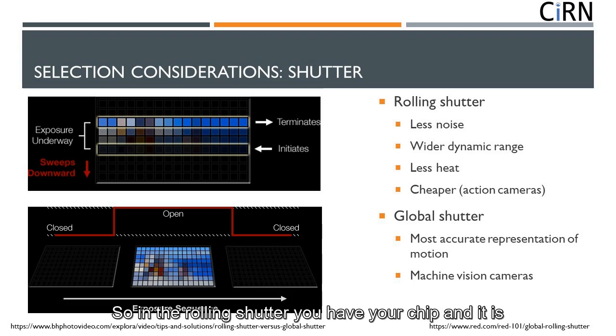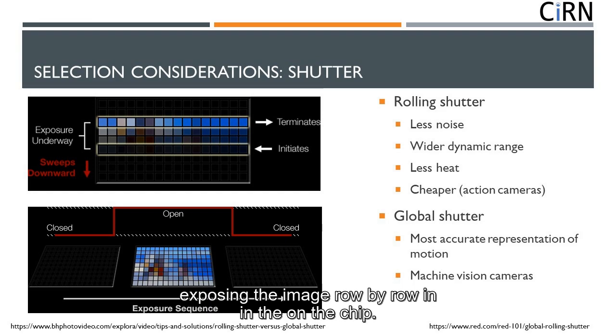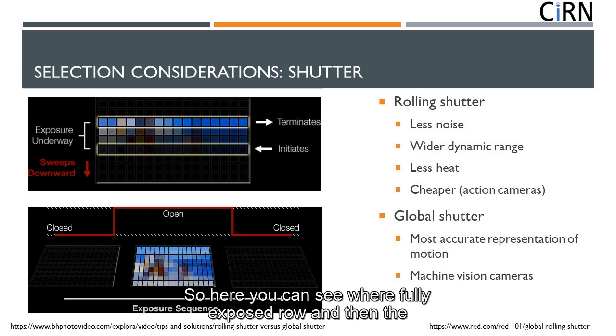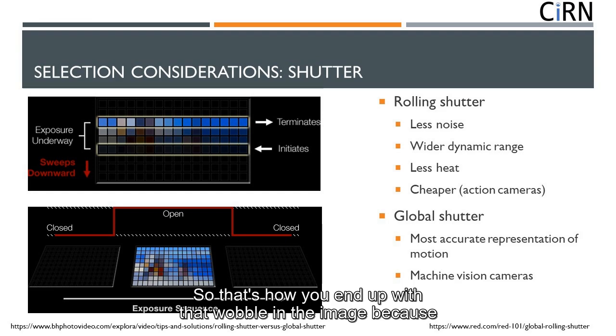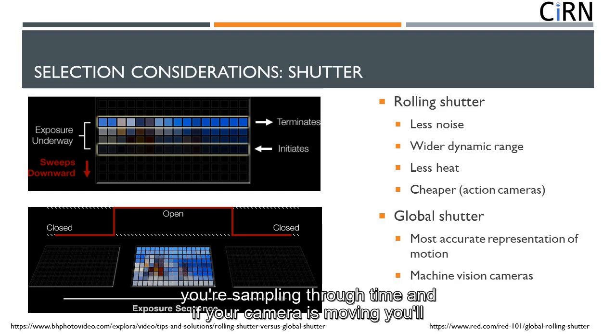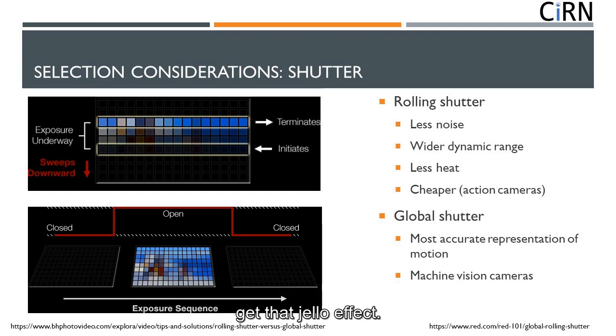In the rolling shutter, you have your chip, and it is exposing the image row by row on the chip. So here you can see a fully exposed row, and then the exposure is underway to the point where it's being initiated. So that's how you end up with that wobble in the image, because you're sampling through time, and if your camera is moving, you'll get that jello effect.